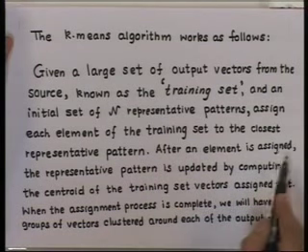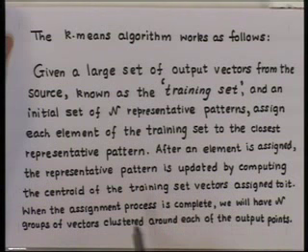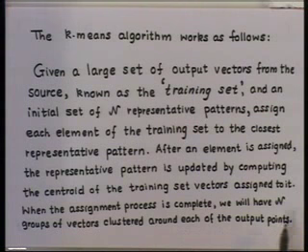After an element is assigned, the representative pattern is updated by computing the centroid of the training set vectors assigned to it. When this assignment process is complete, we will have n groups of vectors clustered around each of the output points. So, now let us look into a formal mathematical formulation of the vector quantization problem.